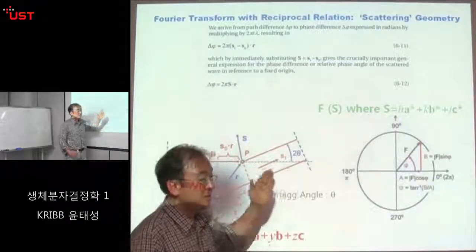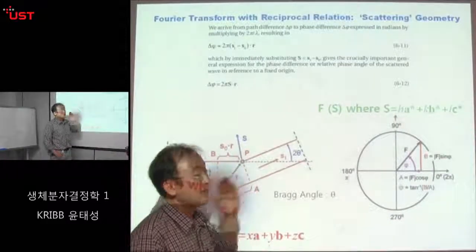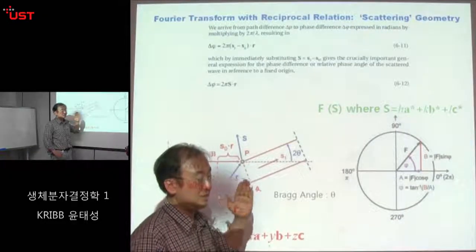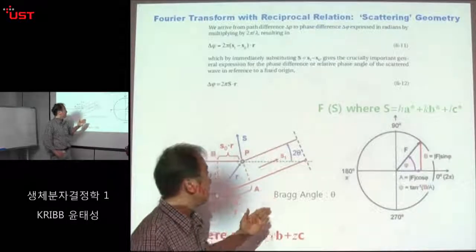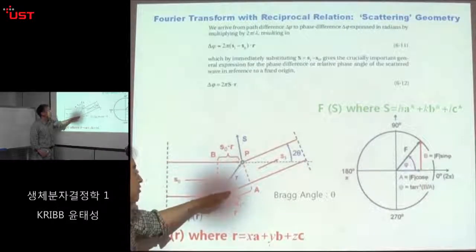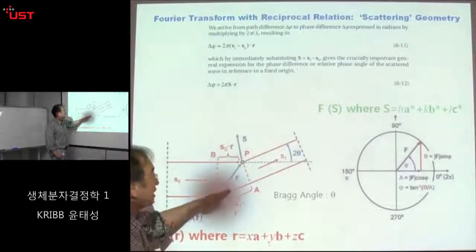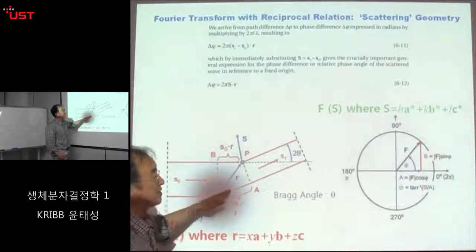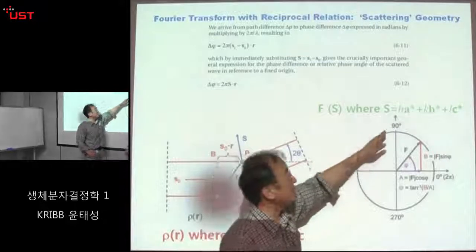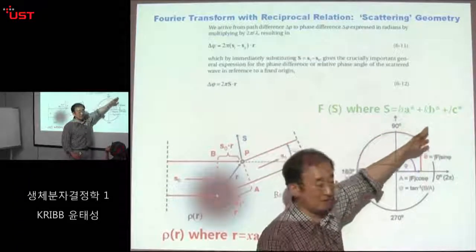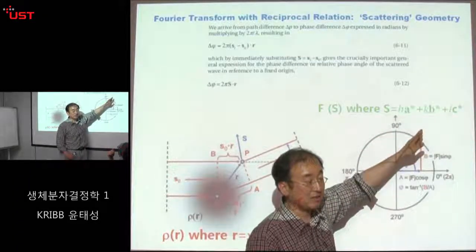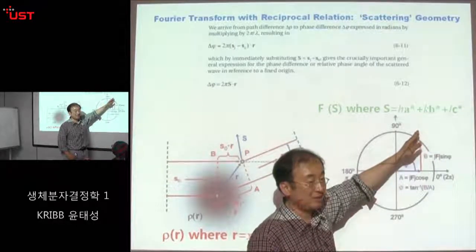HKL may not be integer, can be general to describe continuous distribution in 3 dimensions. In this case, the diffraction pattern may result in non-integral numbers here. HKL non-integral, simply a general number, real number.